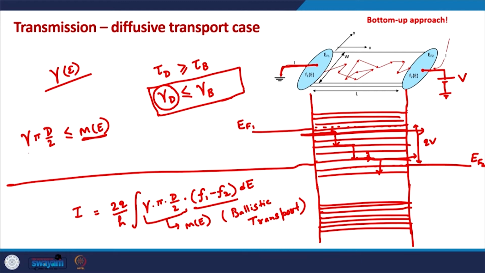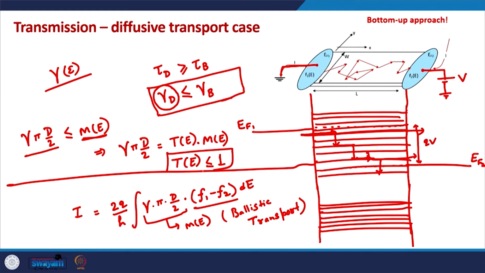So, in the diffusive transport case, this quantity gamma pi d by 2 will be less than or equal to Me, or we can write it as gamma pi d by 2 equal to Te times Me, where Te is a coefficient which is always less than or equal to 1, and this Te is known as the transmission coefficient in the diffusive transport case.